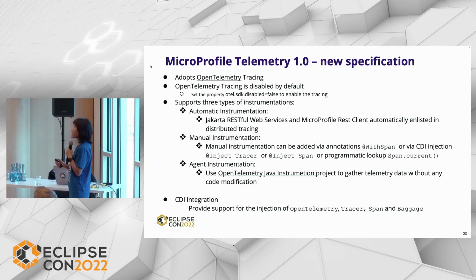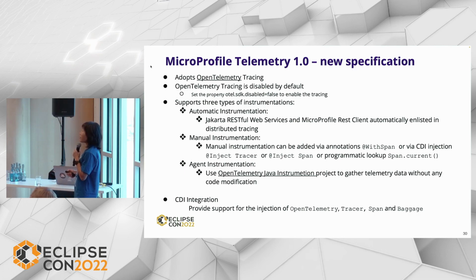This is a multi-module project, and at the moment we only came up with a tracing module. The other modules are open-ended. We haven't put in any OpenTelemetry metrics or logging.